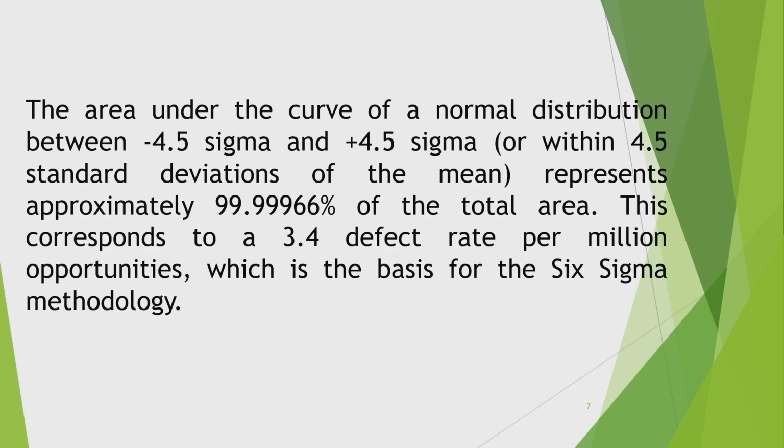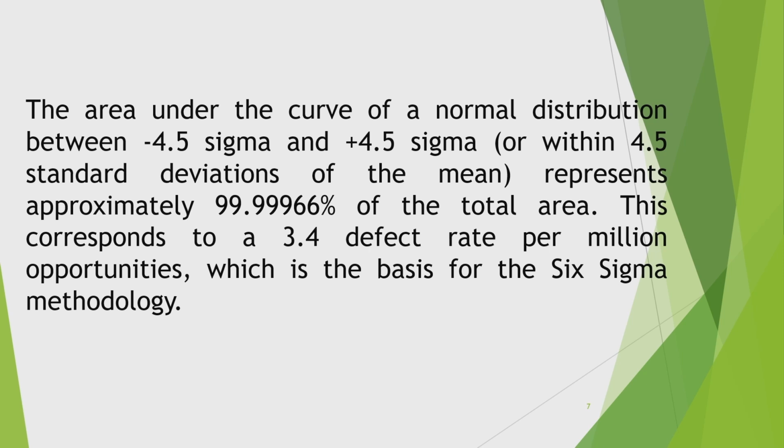For example, when we talk about 6 sigma, we see the area under the curve of a normal distribution between minus 4.5 sigma and plus 4.5 sigma, not precisely between minus 6 and plus 6, but within 4.5 standard deviations of the mean, because we consider that a 1.5 deviation can be there.